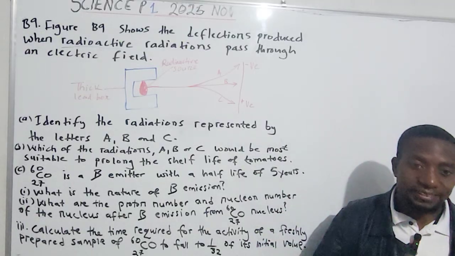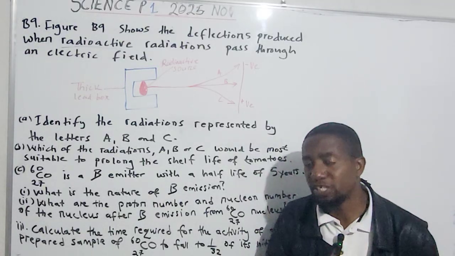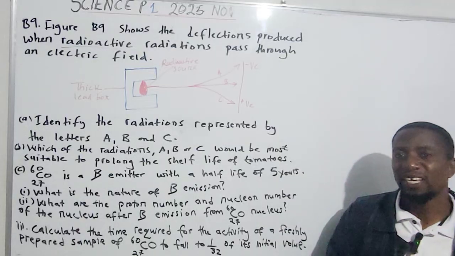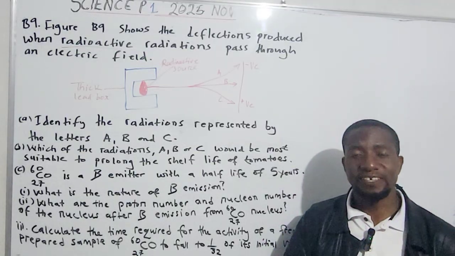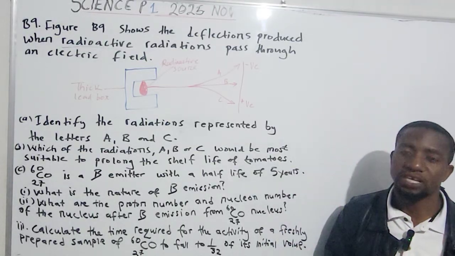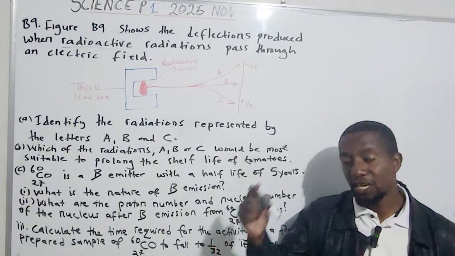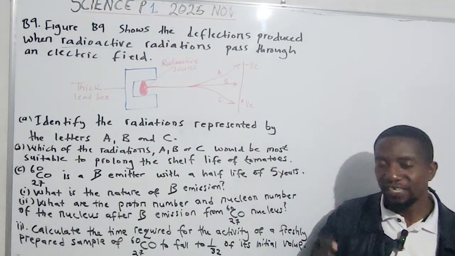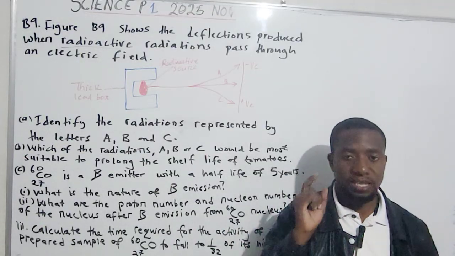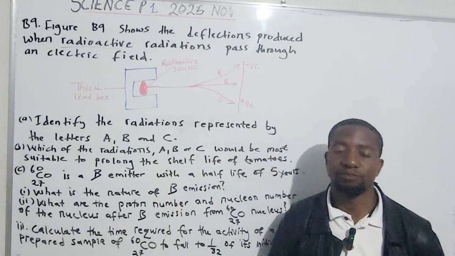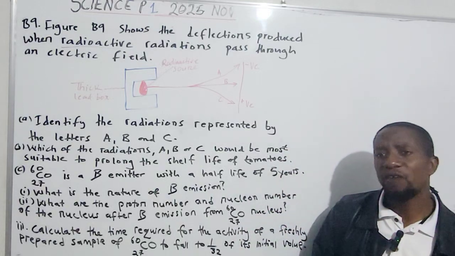You need also to understand that beta emissions are naturally fast moving electrons. And you and I, we know that electrons possess a negative charge. You look at alpha particles.